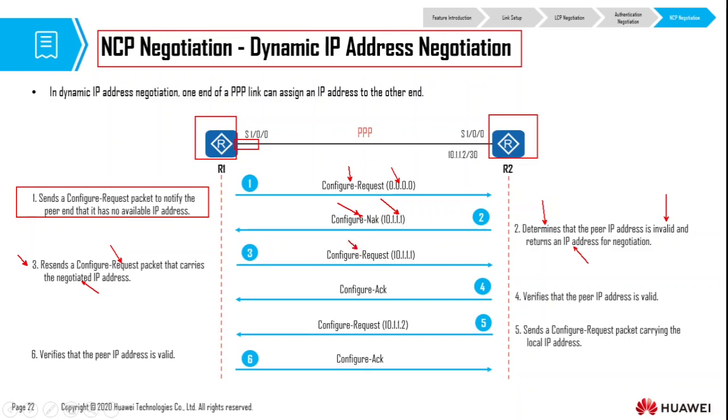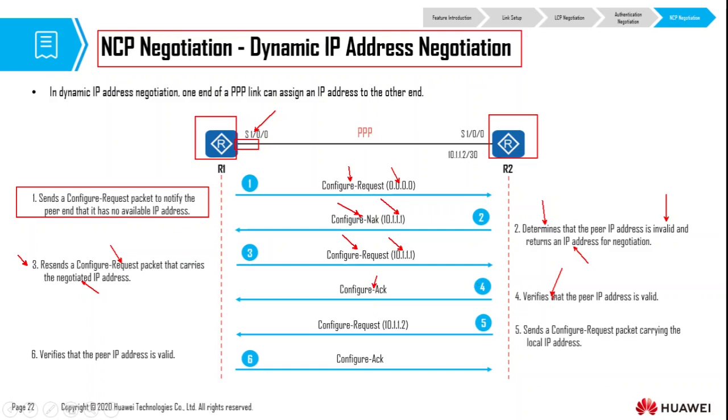So you're simply sending another configure request on step number 3 here, saying, okay, I'm going to use 10.1.1.1. So this interface now is going to use the IP address 10.1.1.1, and we're going to see that when we configure this shortly. Then on step number 4, R2 will verify that this IP address 10.1.1.1 is unicast and does not conflict with any other IP address, and send a configure acknowledgement.